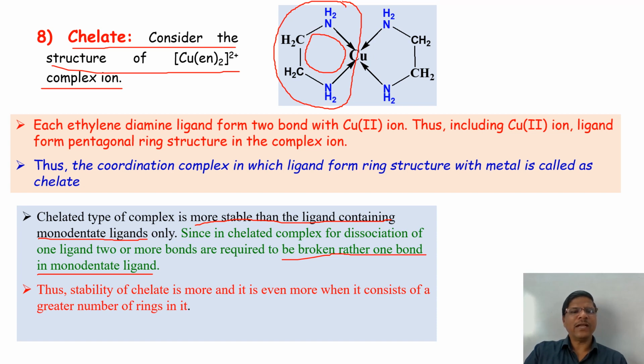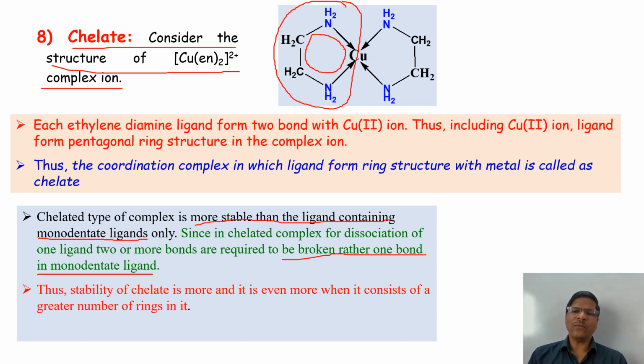In a chelate type of complex, if denticity increases, the stability increases. For example, denticity 2, 3, 4, 5 or 6. So the stability increases as the denticity of the ligand increases.